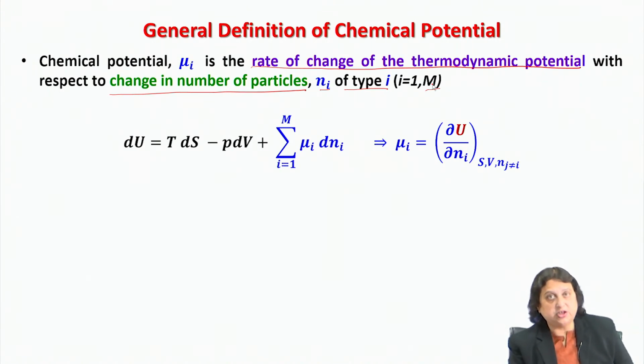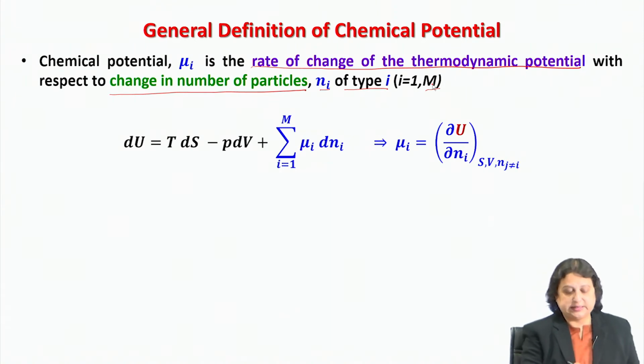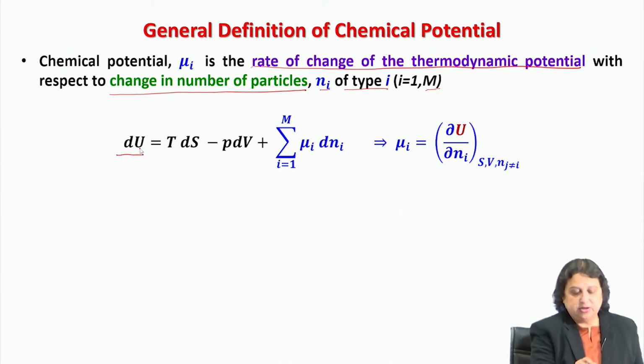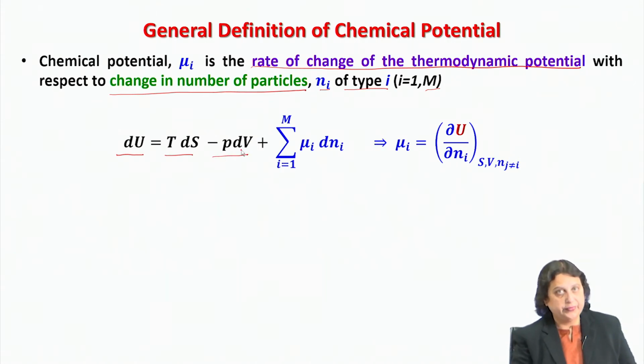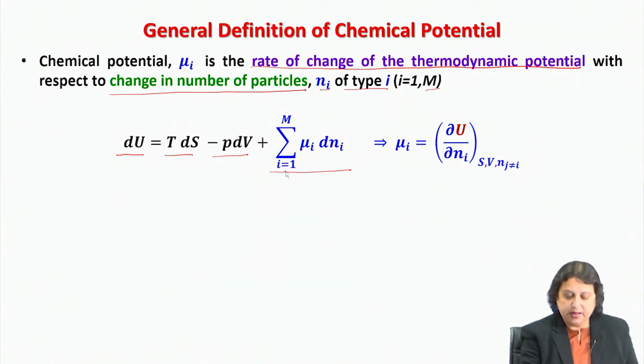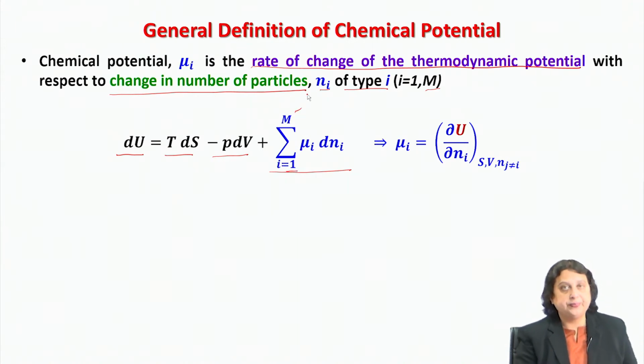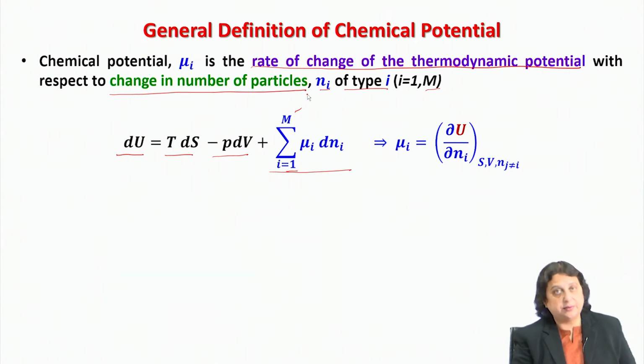Now, by definition, for an open system, I can write dU is equal to TdS minus PdV as before, where I have added an extra term which involves a summation over the contributions of all types of particles present in the system, and therefore the summation runs from i equal to 1 to M. And what is it that I am summing over?